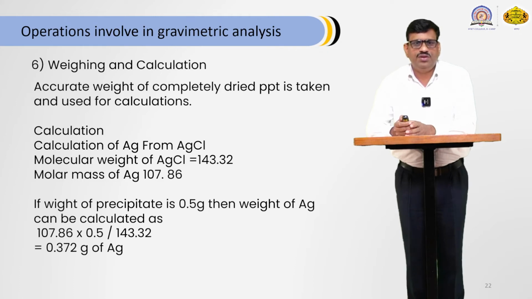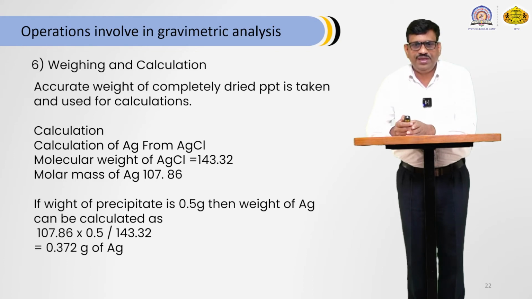For example, the molecular weight of AgCl is 143.32 and the molar mass of Ag is 107.86. If the weight of the precipitate is 0.5 gram, then the weight of Ag can be calculated as 107.86 into 0.5, divided by 143.32, and the answer is 0.372 gram of Ag.